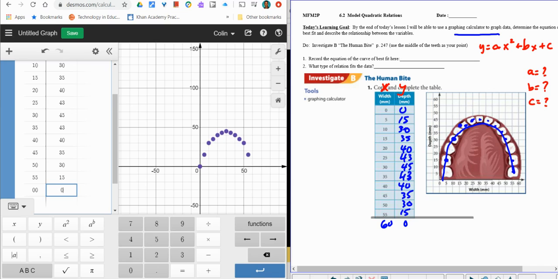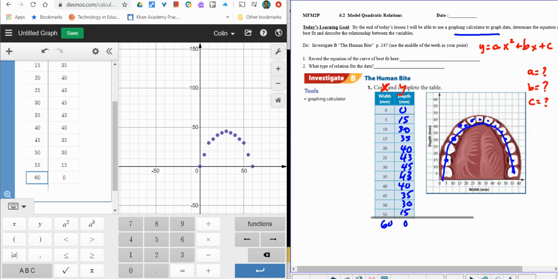I don't think it matters that that happened. Okay, so here we go. Oh, it didn't like that one. So let's put 0. Still didn't like it. I don't know why that's not there. Oh no, it's 60. 60 and 0. Right. There you go. Beautiful.